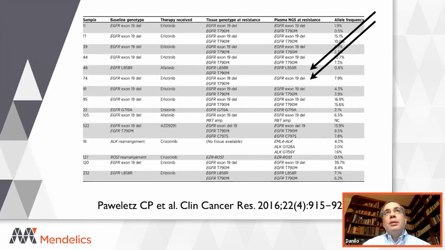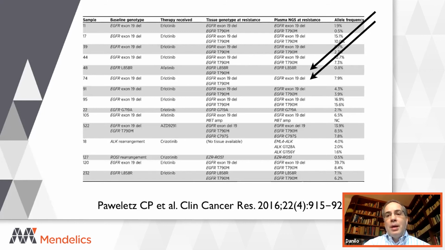And what is important is that although there is a high correlation between the tissue biopsy and the plasma biopsy, we will find some cases, and the arrows here show that we have, for example, lung cancer. In this comparison, the plasma NGS did not detect two resistant mutations that appeared in the primary tissue biopsy.